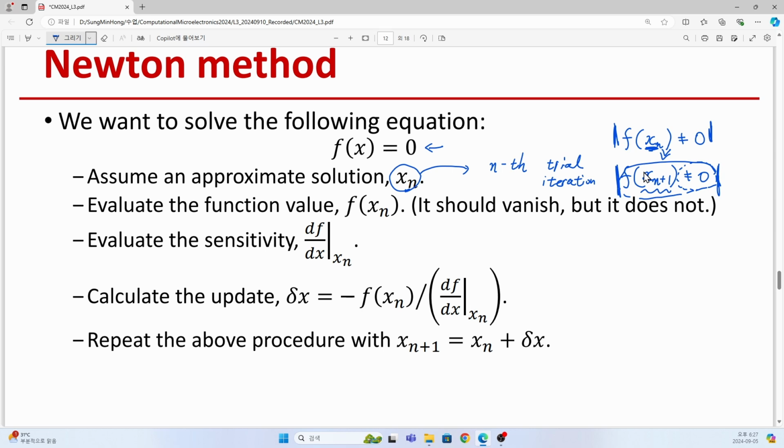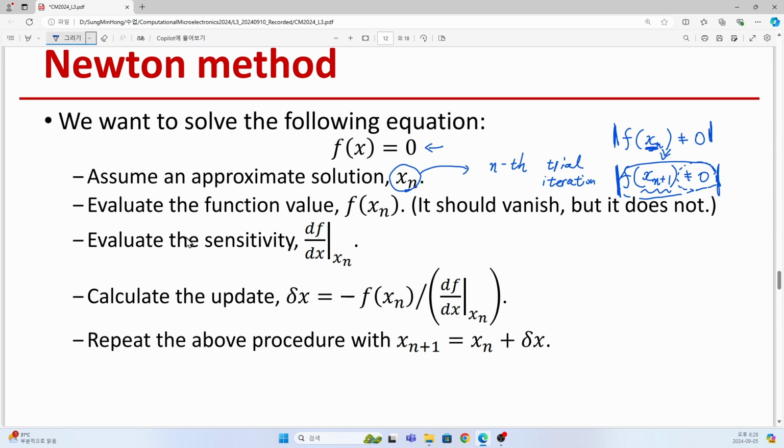That is our approach: continuous improvement of our solution. If we repeat this approach again and again, eventually we will get quite a good numeric solution.